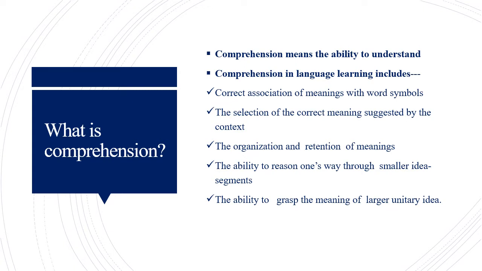So to get a better understanding of the given passage, we have to be extra careful about the selection of correct meaning. Now the question arises, how can one select a correct meaning? So students, here context plays an important role. We have to take care of the context in which the author or the writer of that passage is writing or speaking.